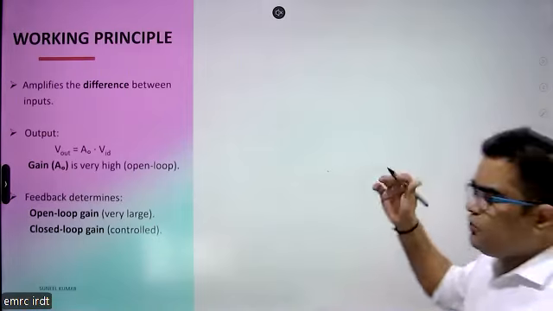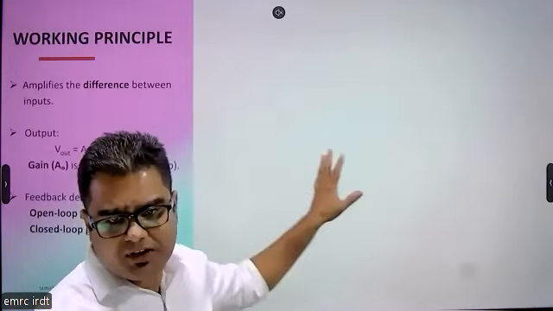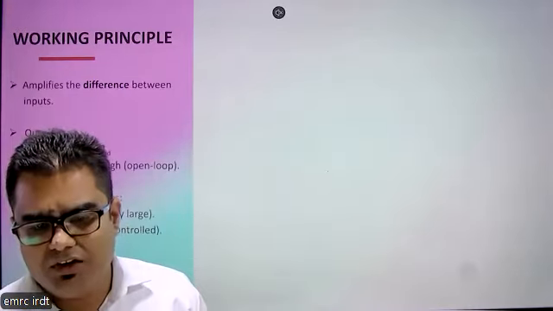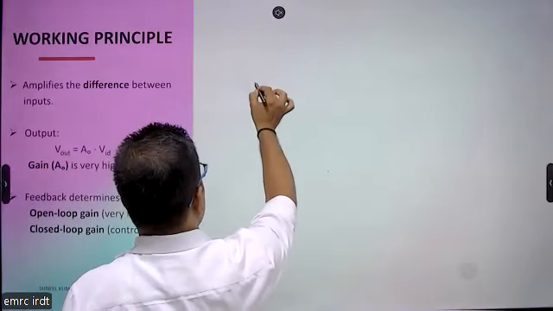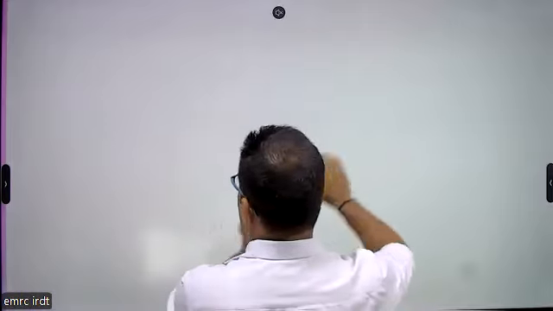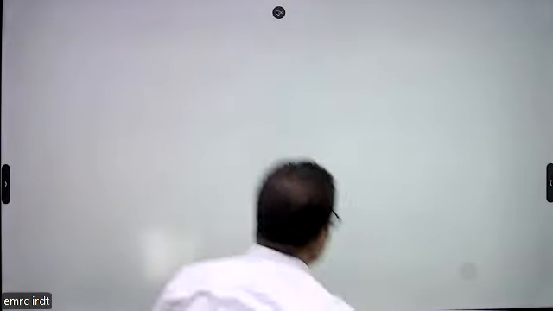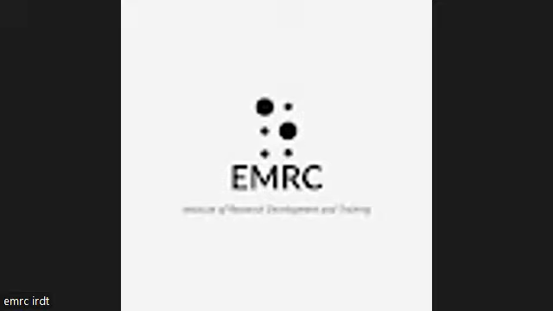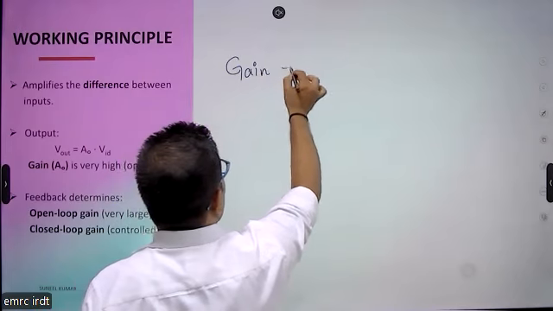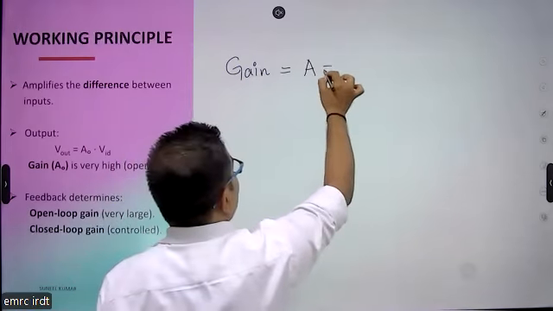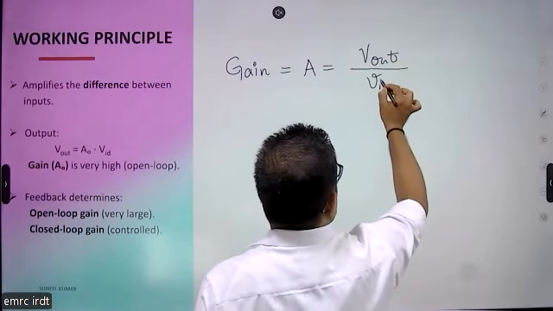And what is the working principle of operational amplifier? We have seen that it will always amplify the difference of input signals. So here we can write the gain of operational amplifier, that is denoted by A, is V output divided by V input.